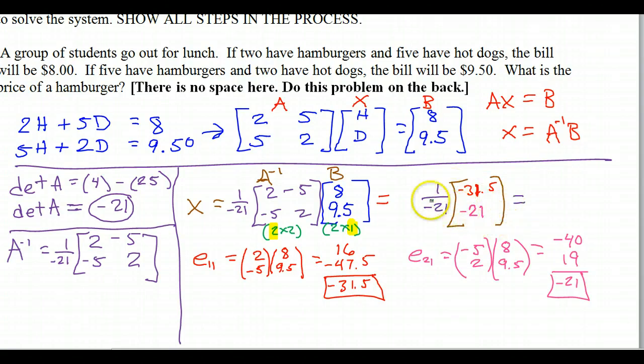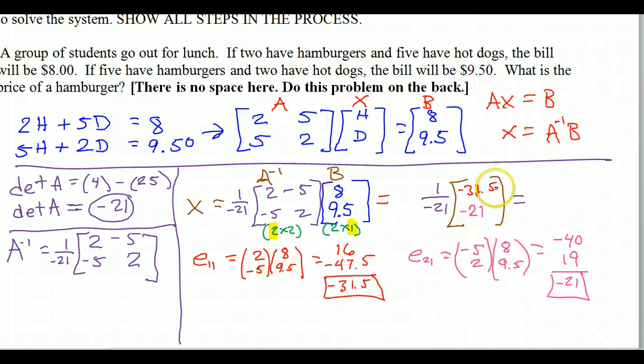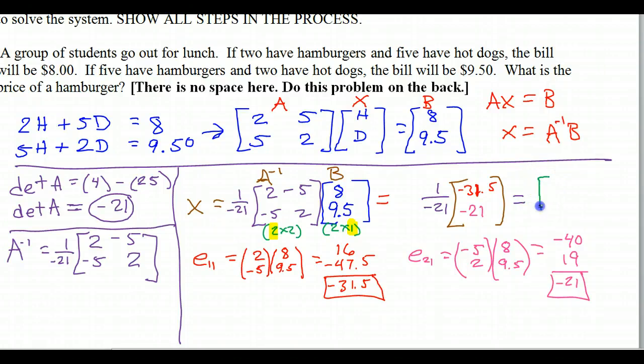Now for the final answer, we have to divide everything by negative 21. So I have to do 31.5 divided by 21. That is 1.5.